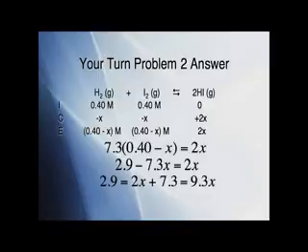And then I just add 7.3x to both sides of the equation so that I can cancel it out of the left side, and it would leave me with 2.9 is equal to 2x plus 7.3x, and that would be equal to 9.3x.